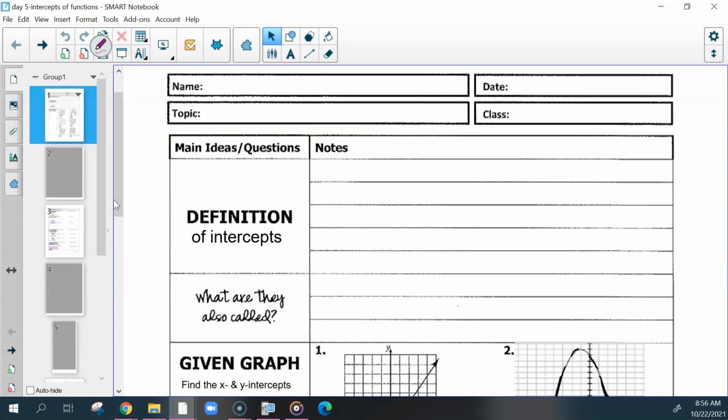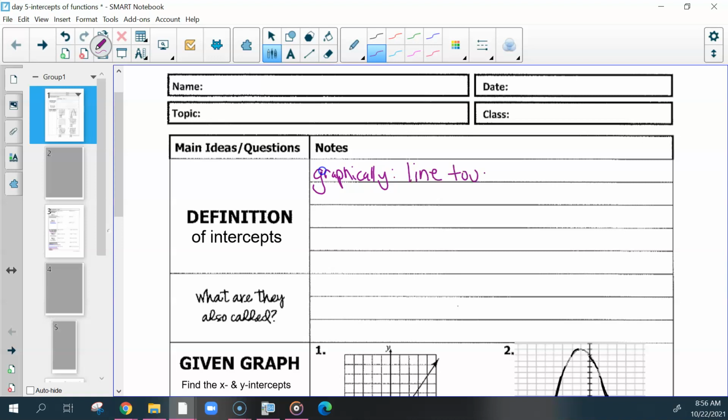So first, let's start with the definition of intercepts. Graphically, it's where your line touches your x-axis or y-axis. I'll say touches, crosses, or intersects.